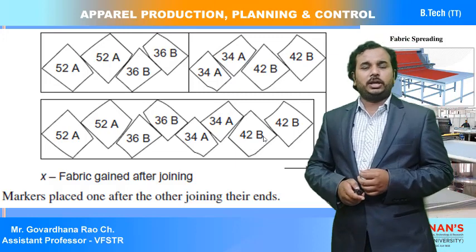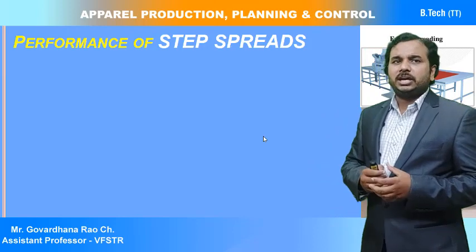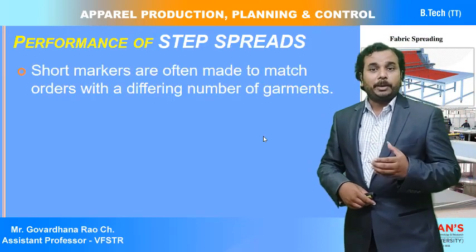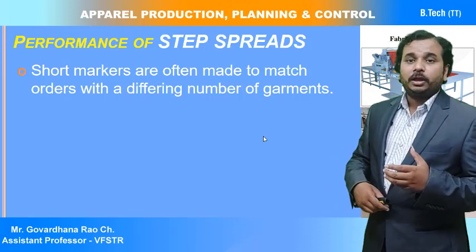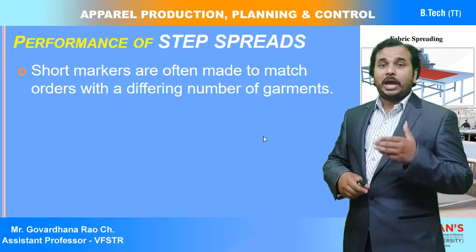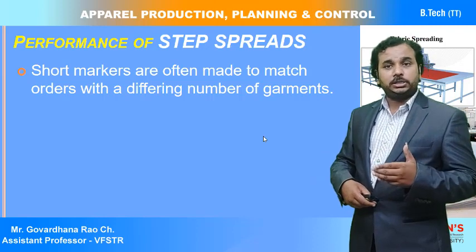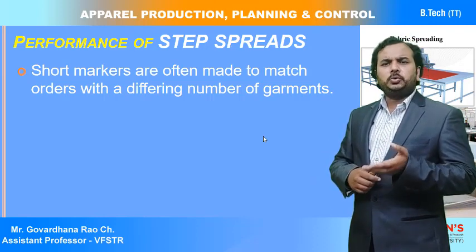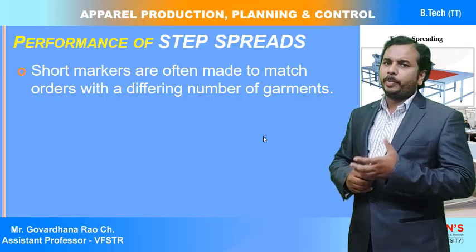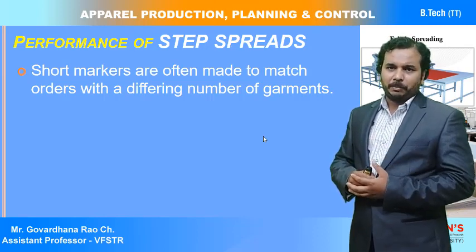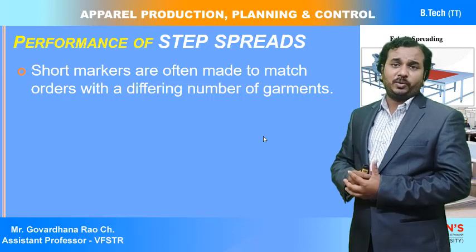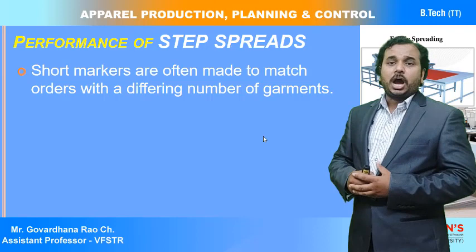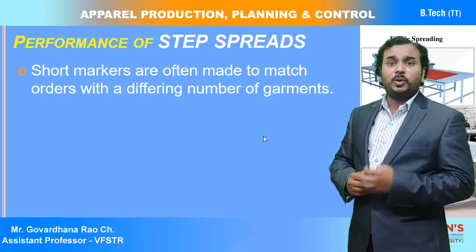Okay, so this is one thing, and now we will see what exactly step spreads are. As I told, suppose you have equal order quantities, say 50 and 50 together, and only 20 garments are required for one particular size of the garment.